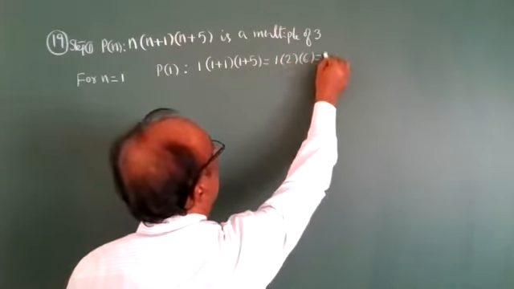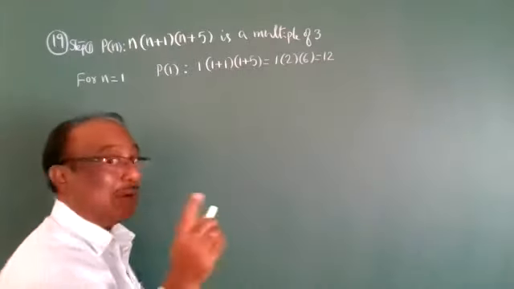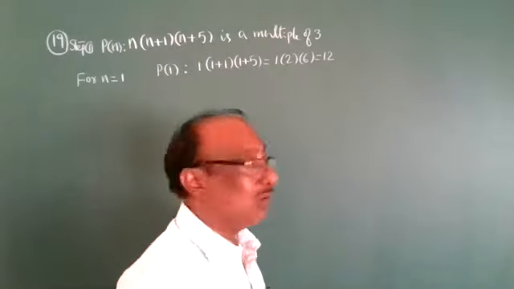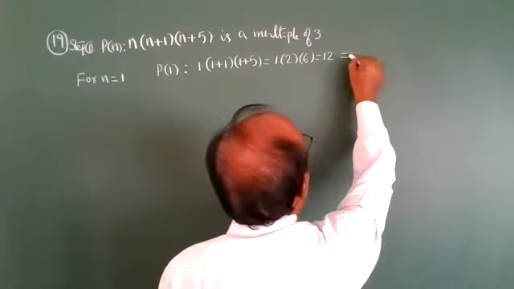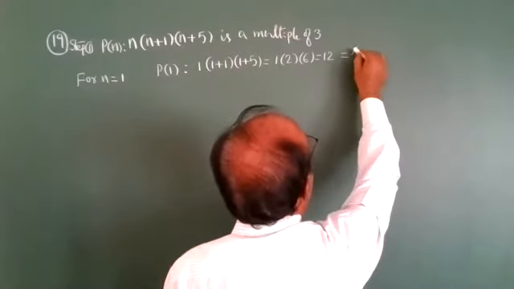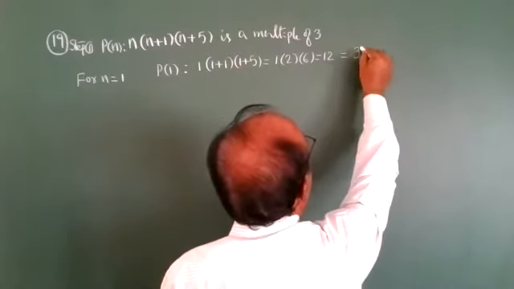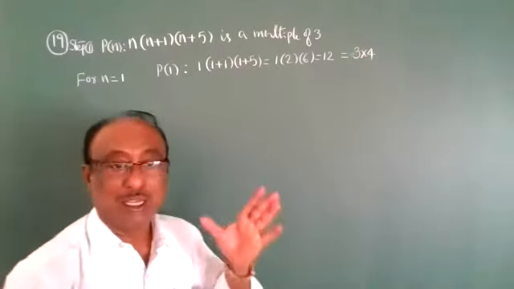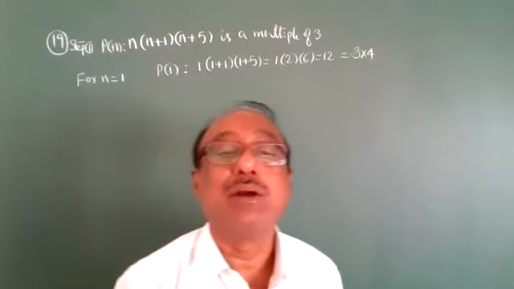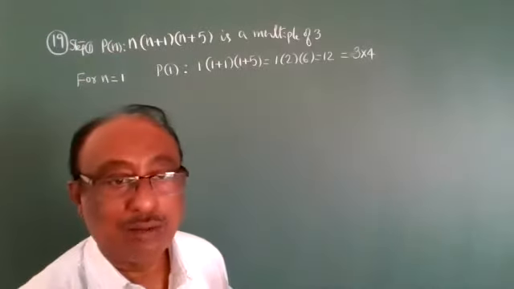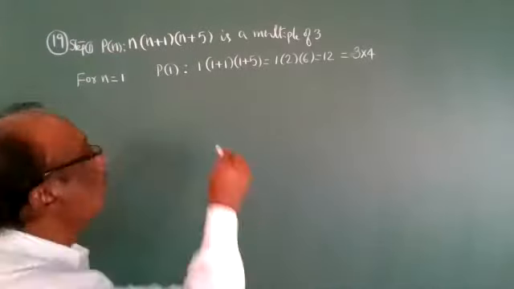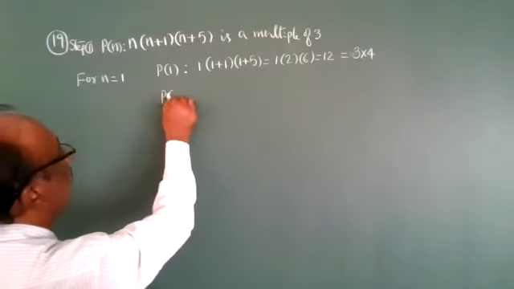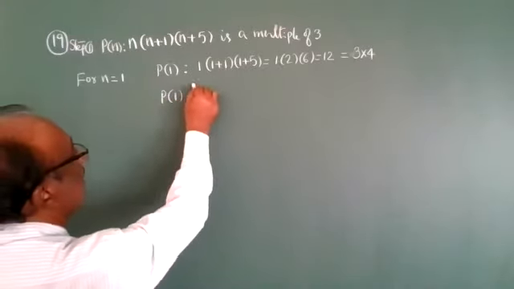The total value is 12. 12 is a multiple of 3, 3 into 4. Very good. 12 is a multiple of 3, therefore P of 1 is true.